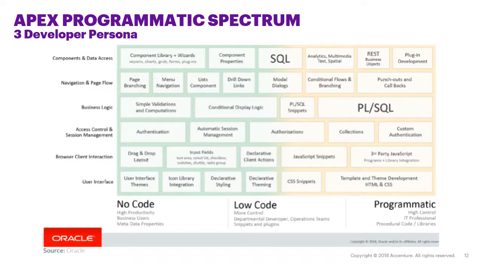So first, you have the no-code users. These are typically business users. An Apex user can easily build applications within the scope of forms, reports, and charts using a simple point-and-click user interface. So this is a fully functional application that is also very productive.